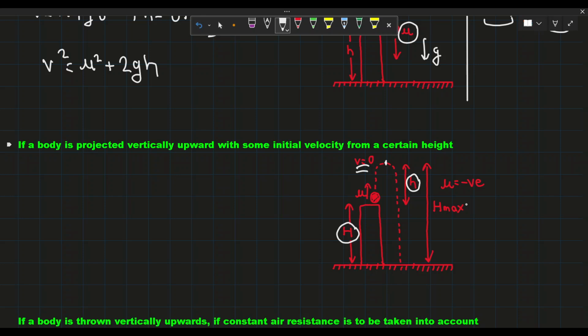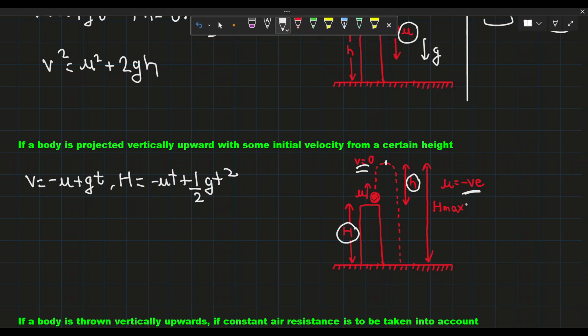So here we have to take the initial velocity as negative, so v would be equal to minus u plus gt. Your height, capital H, would be minus ut plus half gt square.